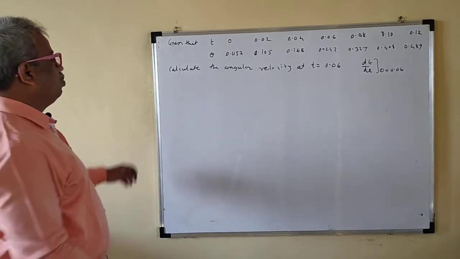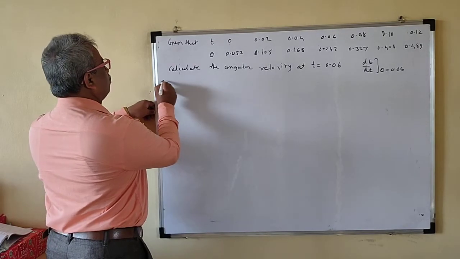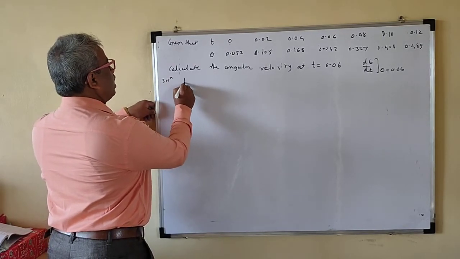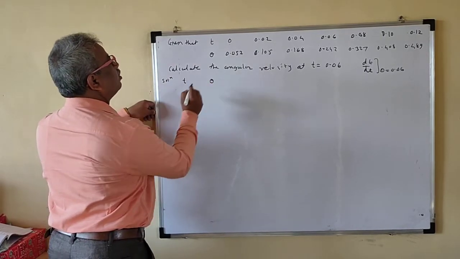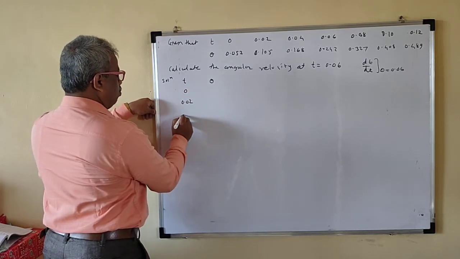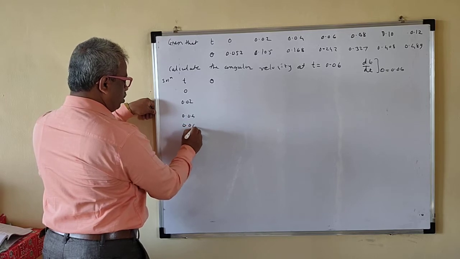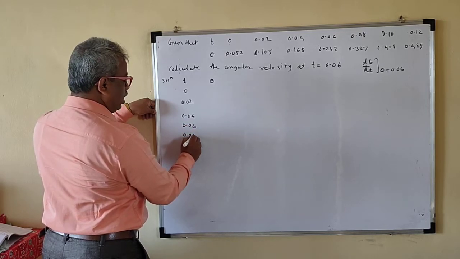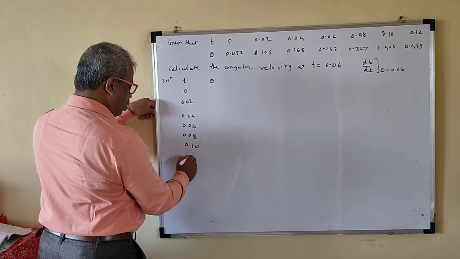Okay, so solution. We'll write here t and we'll write here theta. So t is 0.02, 0.04, 0.06, 0.08, 0.10, 0.12.